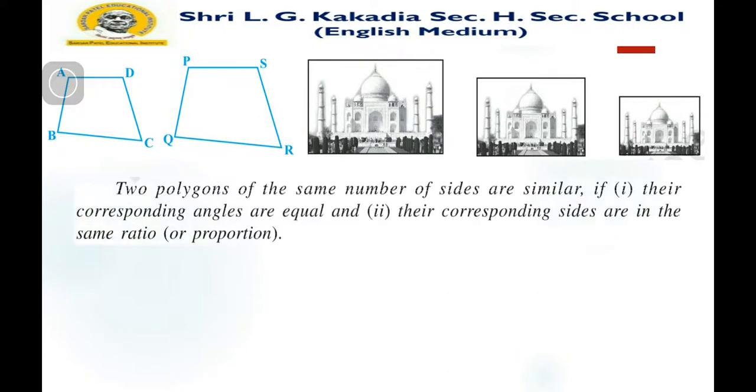So polygons means shapes having three or more angles.